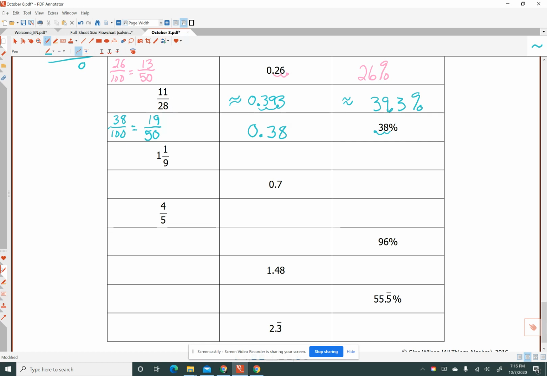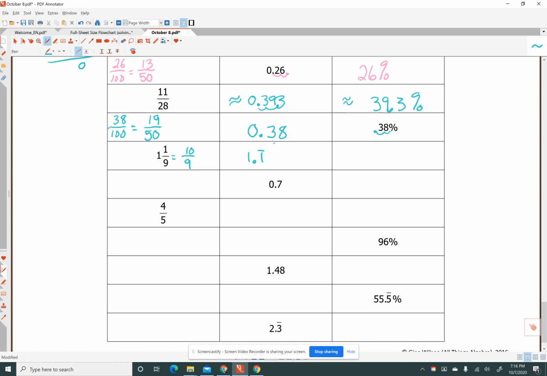1 and 1/9, if we converted this to 10 ninths and we did our division, we would have an irrational number. We would have a repeating decimal that would just go on and on, 1, 1, 1, 1, 1.